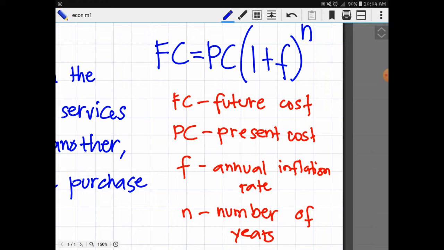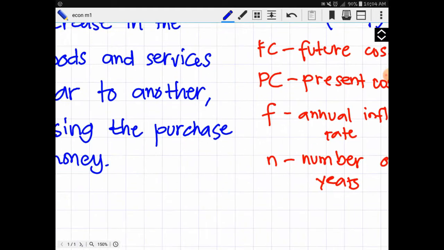Present cost siya before the inflation. F is the annual inflation rate, para din siyang interest. Kaya lang maggugulo tayo kung i pa rin yung isusulat natin. So, I would prefer F. Then, for the number of years, gagamit tayo ng denotation na small letter n. So, years pa din yan, ano? Yung time natin ay in terms of years pa din naman.